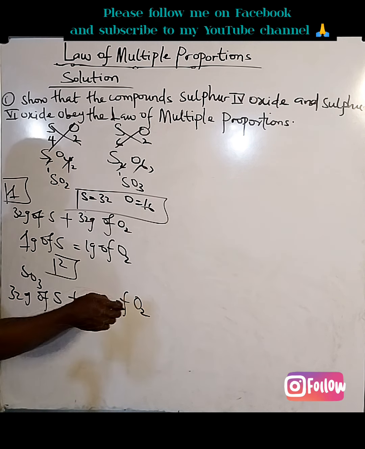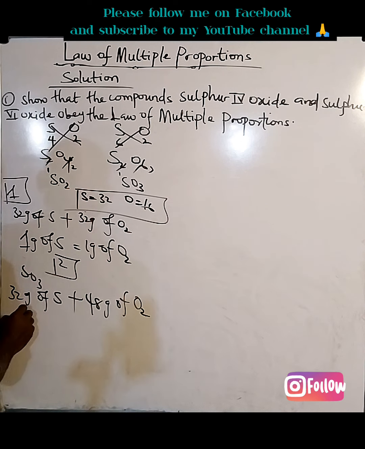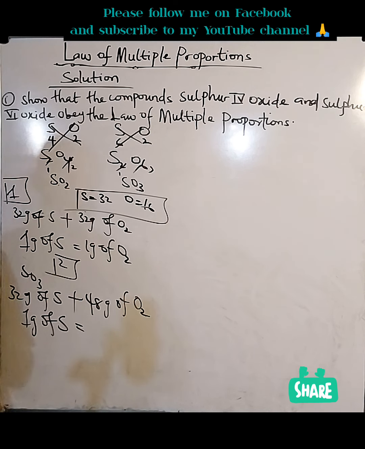So if 32 grams of sulfur combines with 48 grams of oxygen, 1 gram of sulfur combines with what? That's 48 divided by 32. Let's quickly do the math. 48 divided by 32 gives us 1.5, so that's 1.5 grams of oxygen.